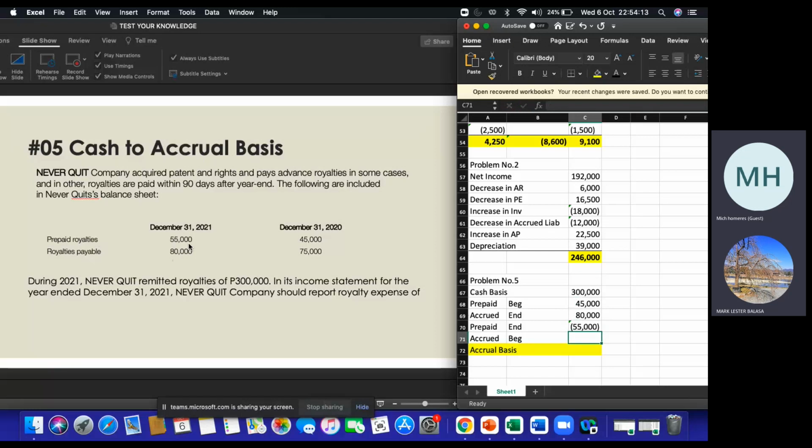Prepaid ending. And accrued beginning of 75. O magkano ngayon ang accrual basis or yung royalty expense natin? 295. Very good. So, 295 ang sagot natin. Dali lang, di ba? Pa-perfect mo na yung deptals.